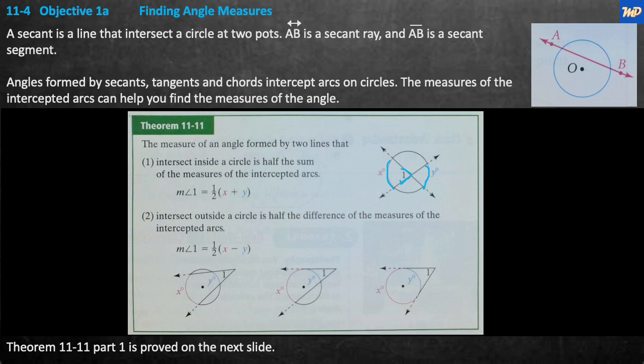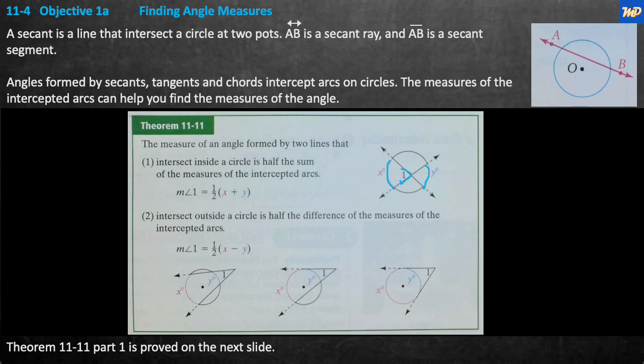So you add X and Y together and take half of it, and that's angle 1. You're familiar with that with the intercepted angles, right? We talked about that a couple slides back, the included angle stuff with the tangent and the chord.